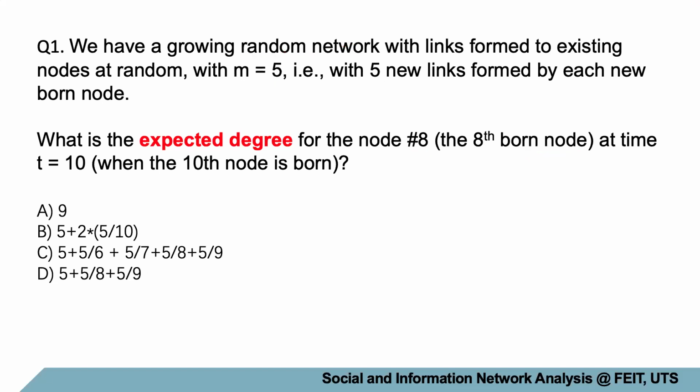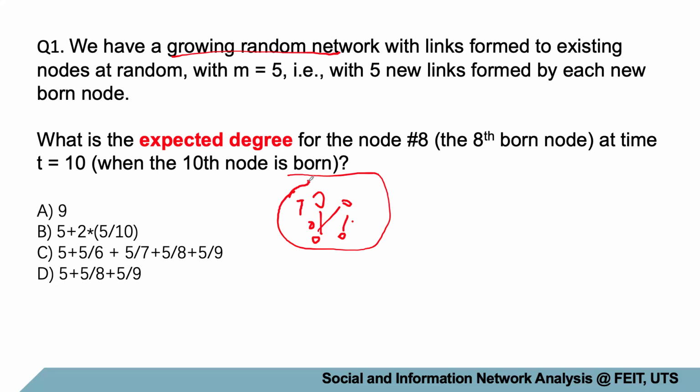Okay, let's work it out together. So we have this growing random network. Let's assume we already have 7 nodes added. They are connected to each other. It doesn't matter how they are connected for this problem.